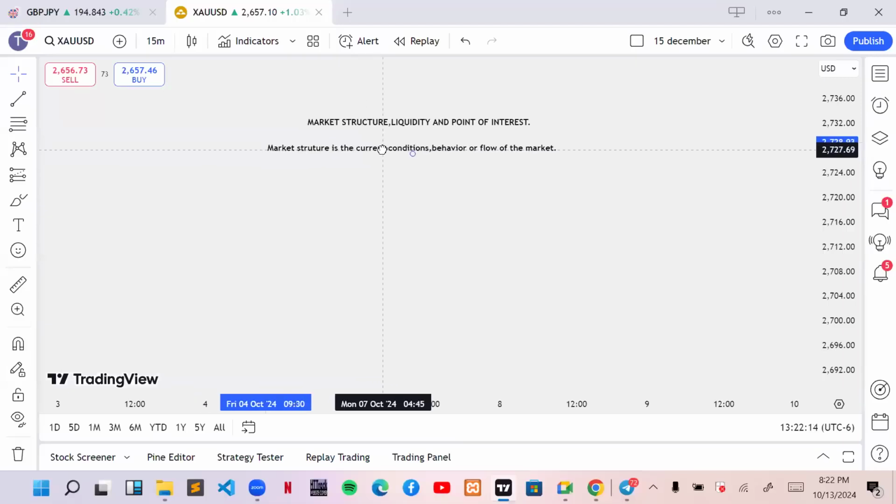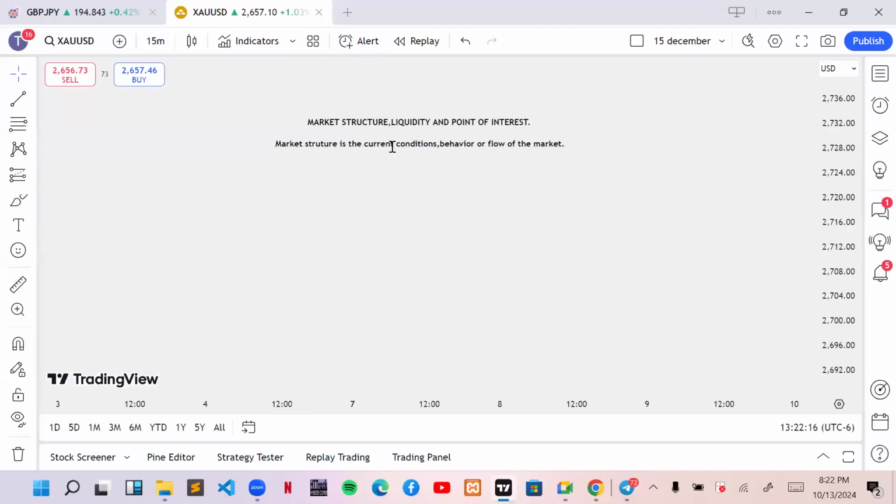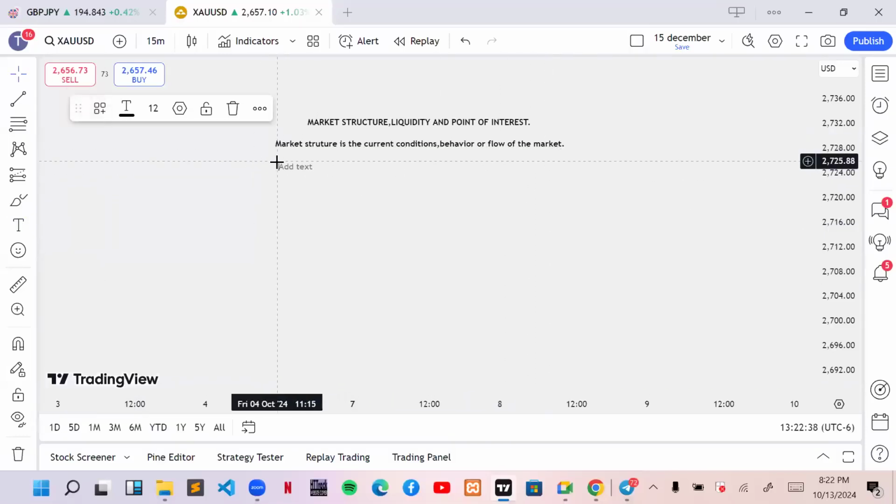Now there are two types of market movements. There's the trending market and then there's the ranging market. In the trending market, that's when we have uptrends and downtrends, and the ranging market is just a consolidation.